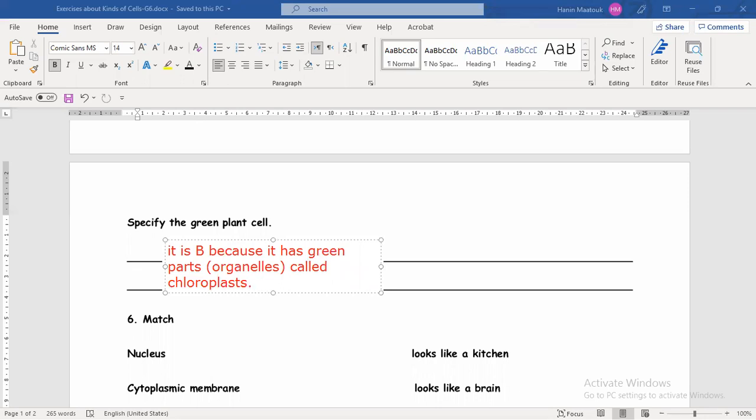Okay? So this is a way to differentiate between the green plant cell and any other plant cell.